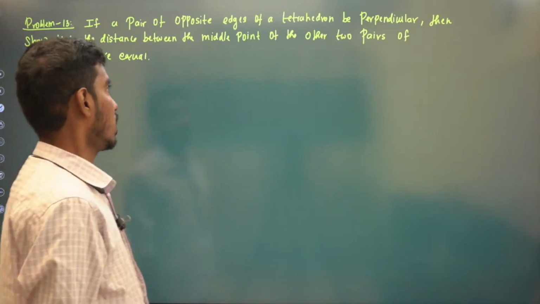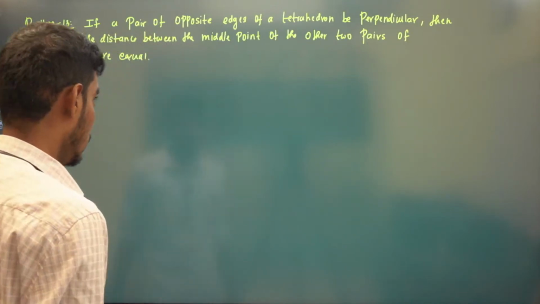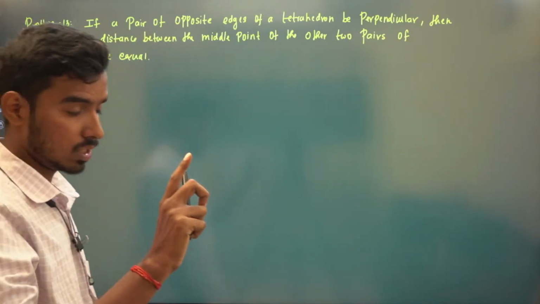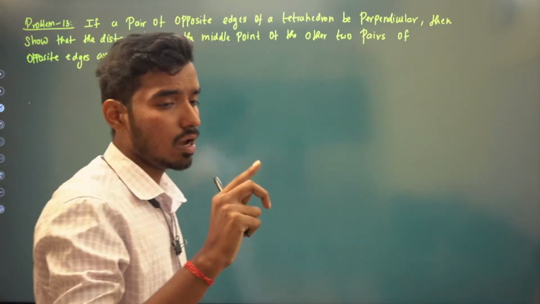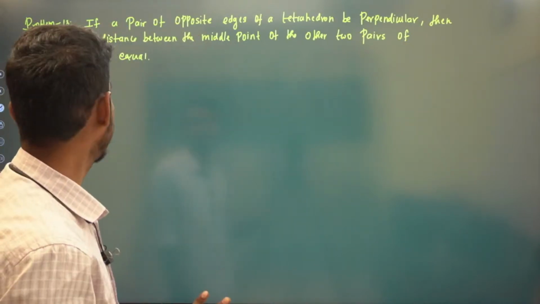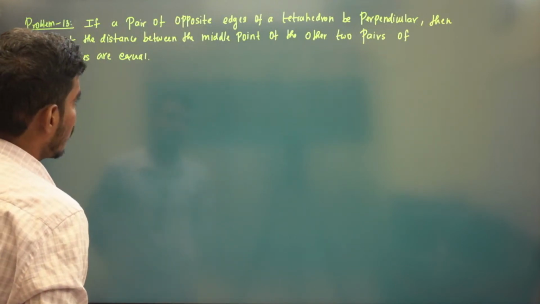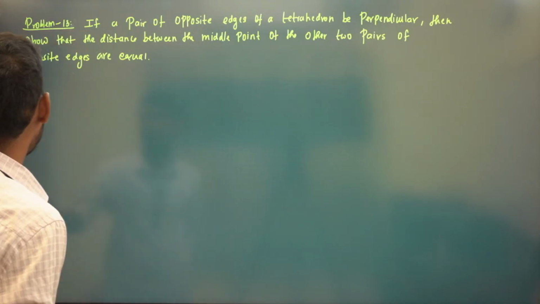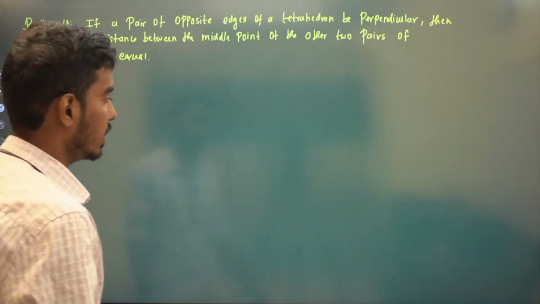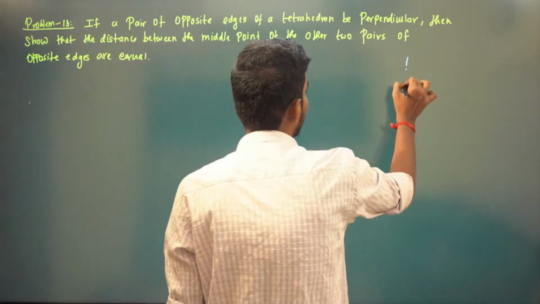If a pair of opposite edges of a tetrahedron are perpendicular, if a pair, so here they are only one pair of opposite edges are perpendicular, then show that the distance between the middle point of the other two pairs of opposite edges are equal. So again, very easy problem. So we have a tetrahedron.